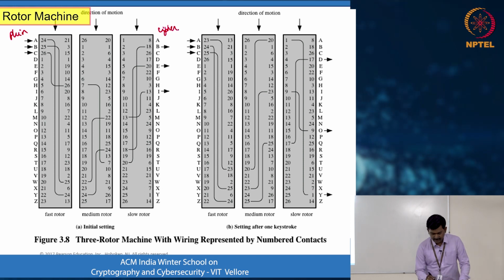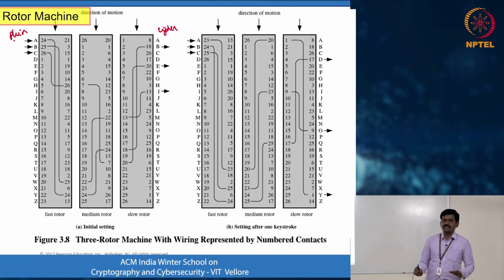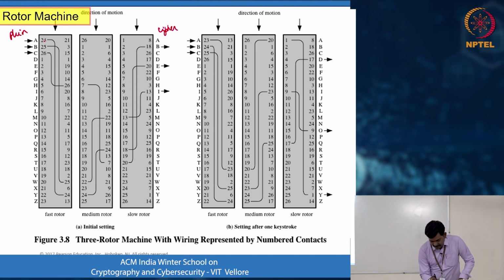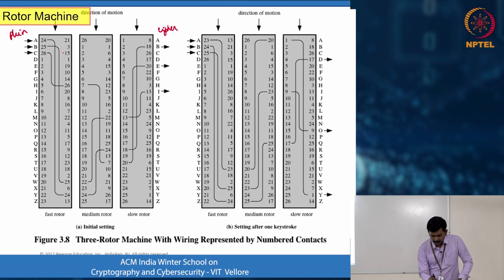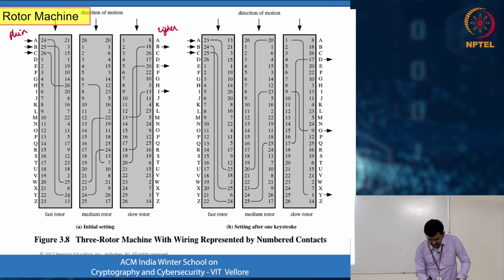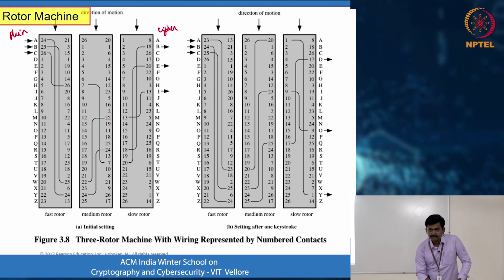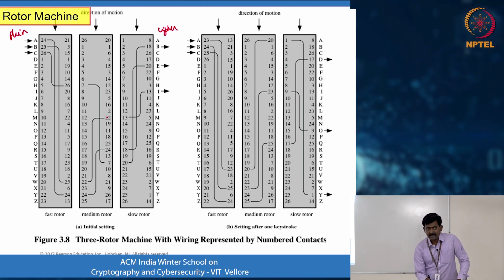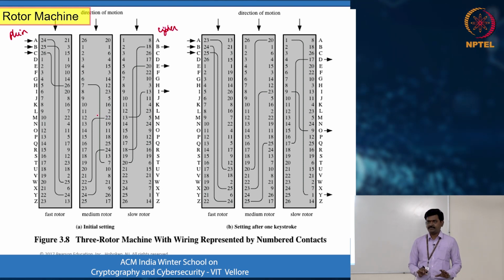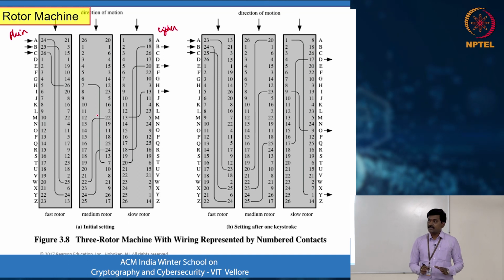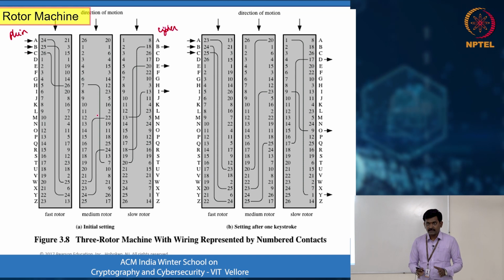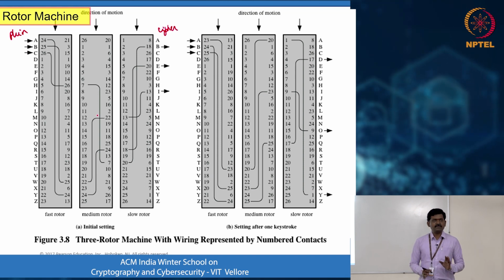Now if you notice inside, these values are all fixed. Take an example, this 24 is mapped here and then this is mapped with 22. That is fixed. This is called the wiring of these rotors, that is fixed and it varies from one Enigma machine to another Enigma machine.